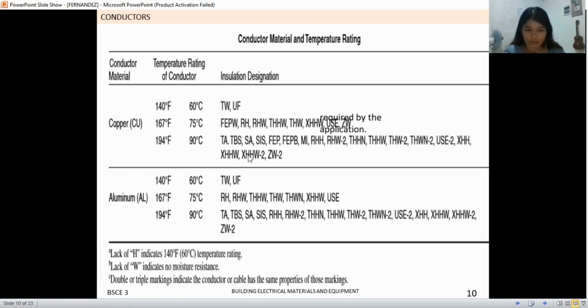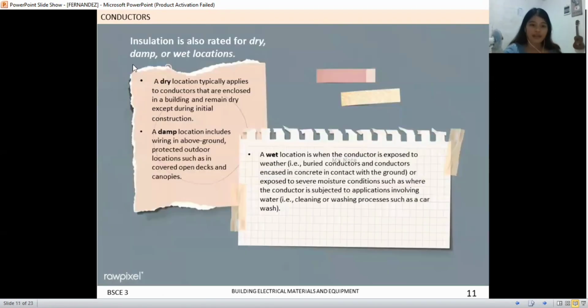Next is conductor material on temperature rating. So next is insulation is also related for dry, damp, or wet location. So a dry location is typically applied to conductors that are enclosed in a building and remain dry except during initial construction. A damp location includes wiring in above ground protected outer locations such as uncovered open decks and canopies.